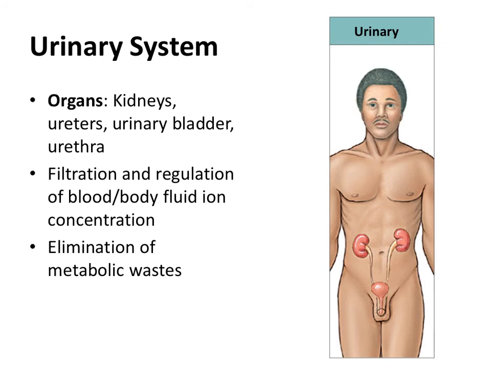Their job is to initially make a filtrate of blood, and then reabsorb all the stuff that we want to keep, leaving behind waste products. Essentially, they're big blood cleaners, helping to get rid of metabolic waste, as well as extra ions or extra water, which is a thing that can happen.